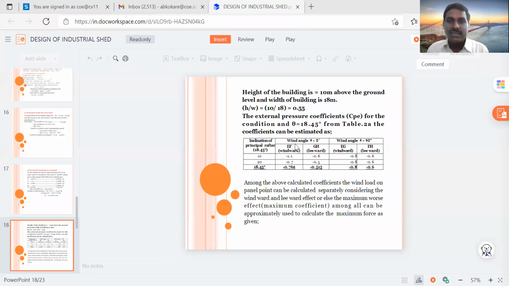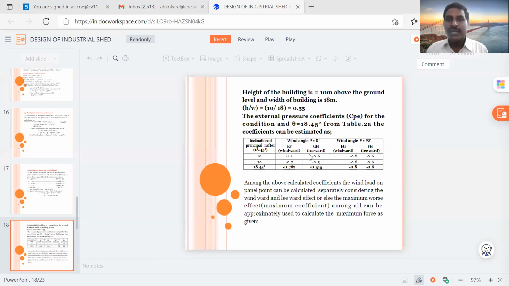So when the wind angle is at 0 degree and wind angle at 90 degree, it means wind parallel to ridge and wind perpendicular to ridge. Depending upon this, we take the windward and leeward coefficients. Windward means in the direction of wind, and leeward means exactly the opposite direction of the wind.